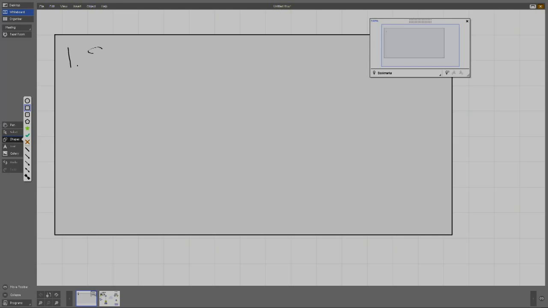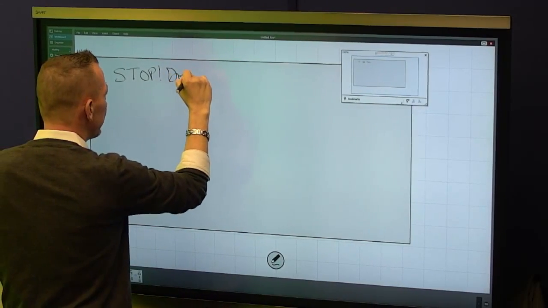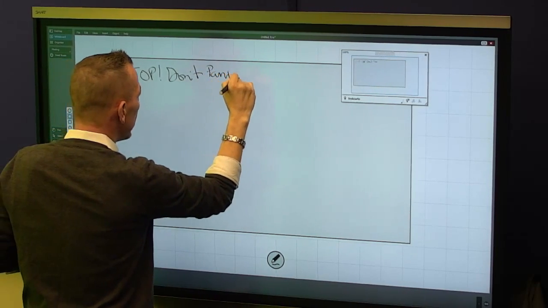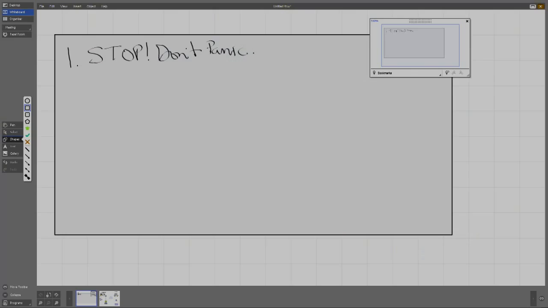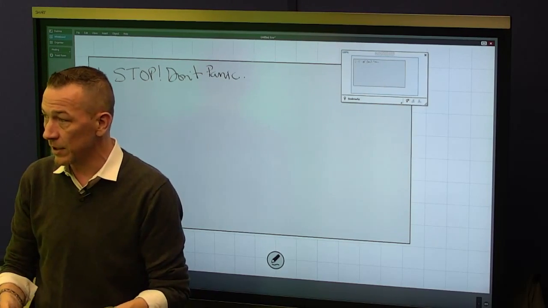So number one, stop. I cannot emphasize this enough. Do not panic, okay? That's the first thing you have to do, is just keep a level head. During this time period, a lot of organizations will want to immediately start whatever the recovery process is, get the system back up and running as quickly as possible.